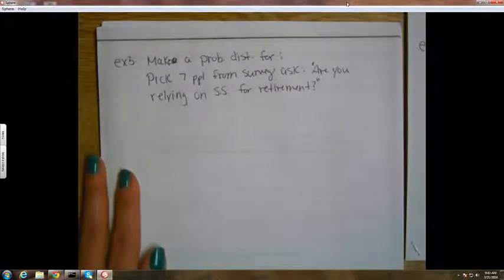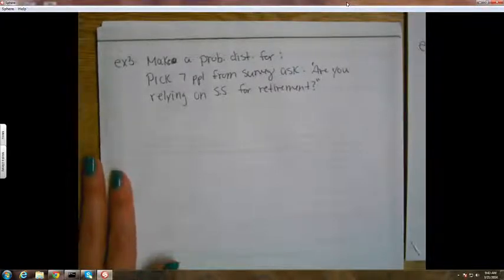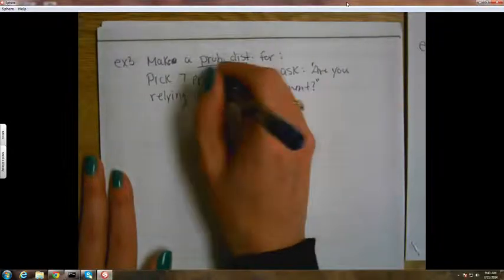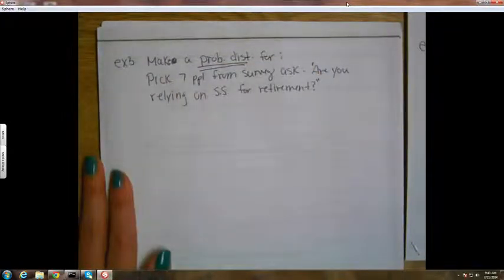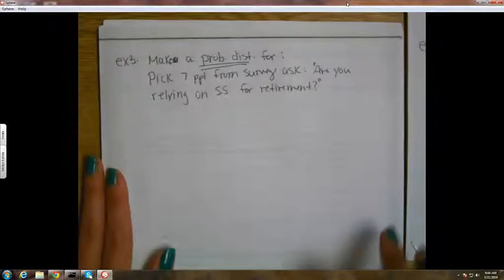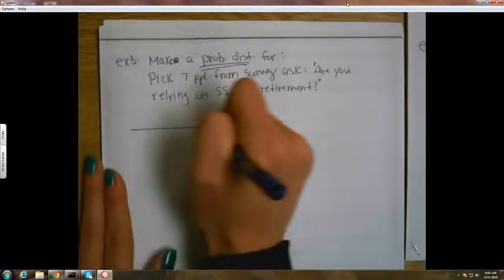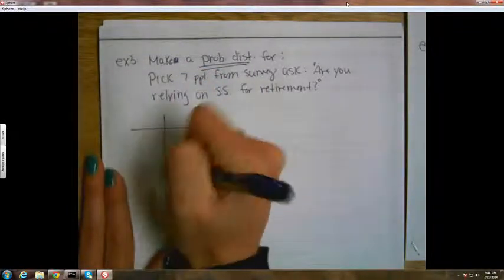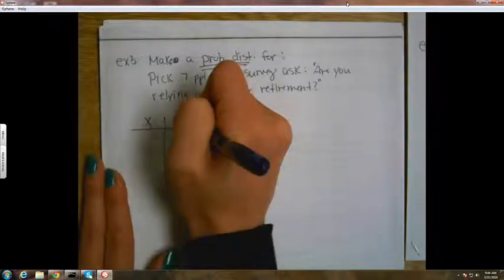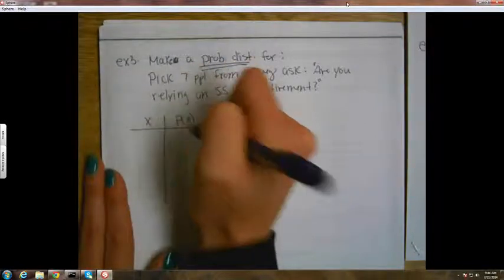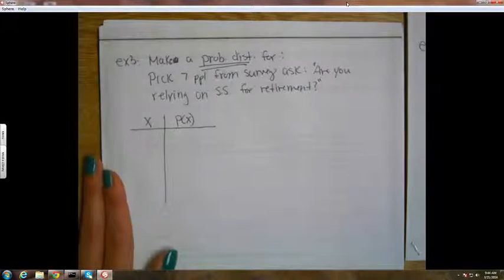Okay, we want to make a probability distribution for this problem. What's the probability distribution from yesterday? The whole table that shows all possible outcomes. What values can X take on here?